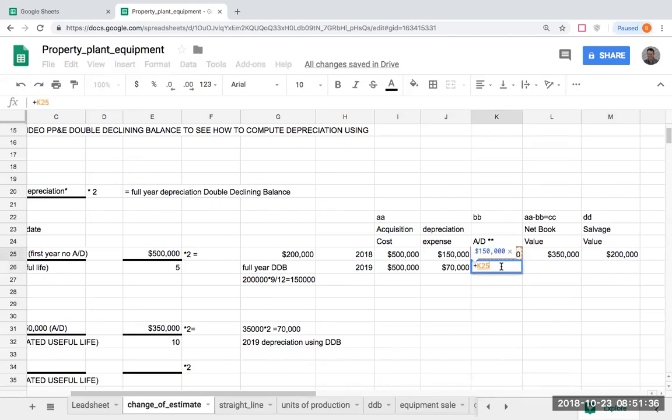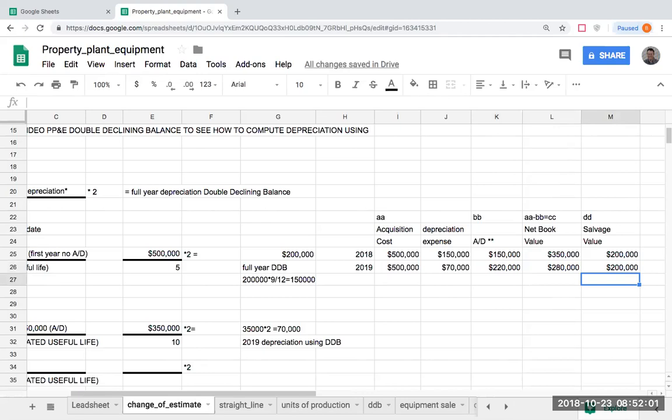So I had my prior balance of $150,000 from 2018 plus $70,000 from this year. So my net book value is now going to be $280,000.